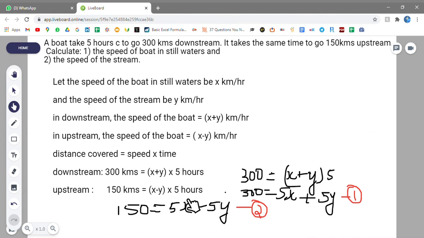Both the formulas that we have derived here can be simplified further just by multiplying this 5 to x and y. So I'll get equation number 1, that is 300 is equal to 5x plus 5y and 150 is equal to 5x minus 5y. So this is the main equation that I will get.